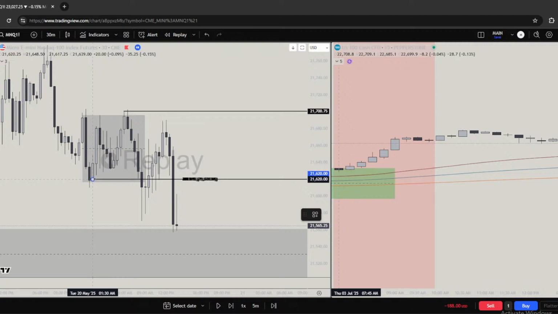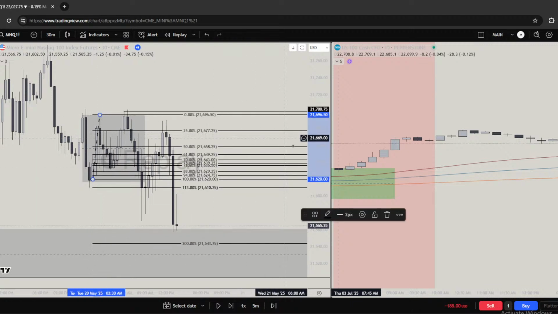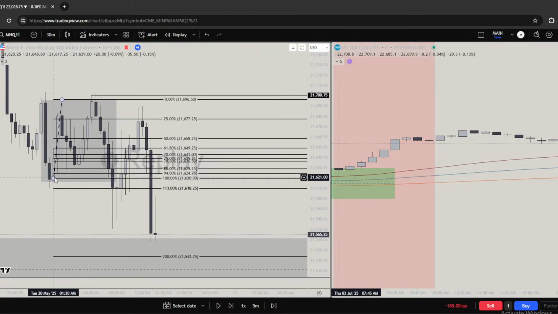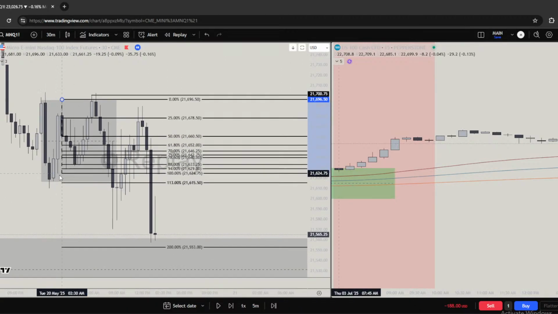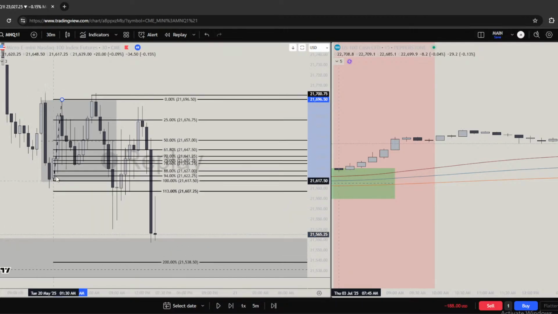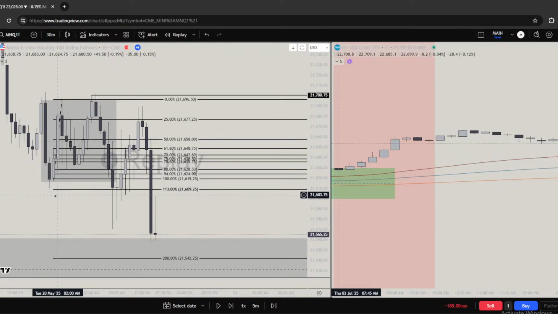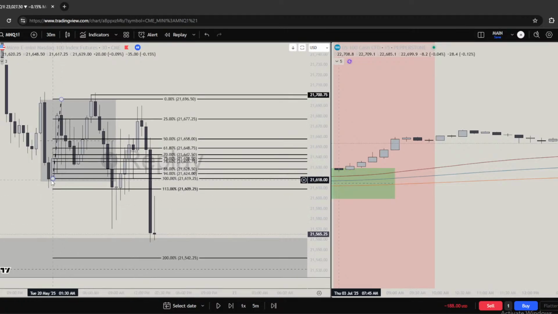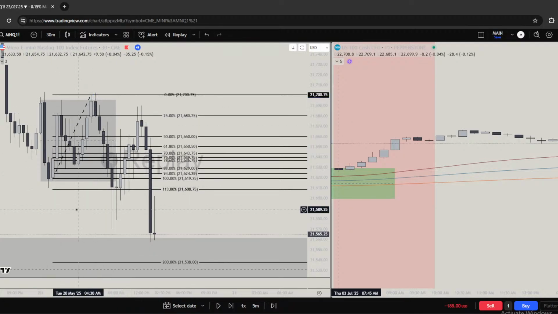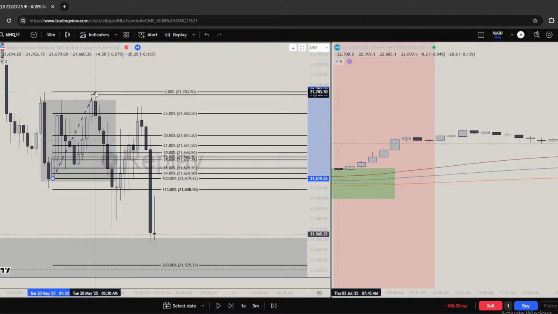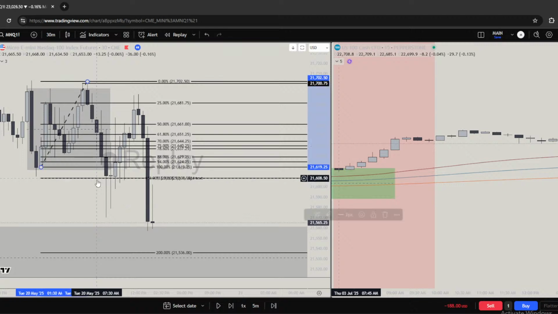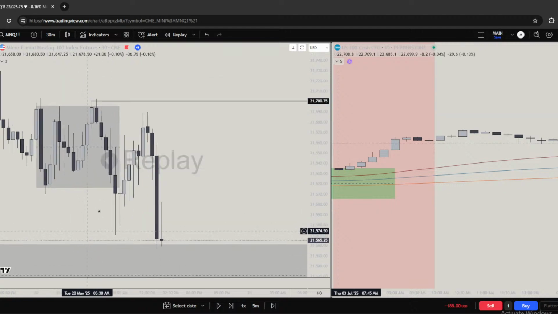I could run that fib from this low of the range to the high of the range. How did I run that before? Yeah, low to the high. Oh, there we go. Switch, change the state, running from that low.